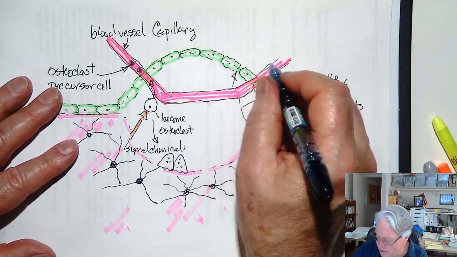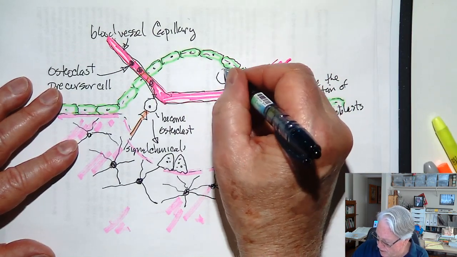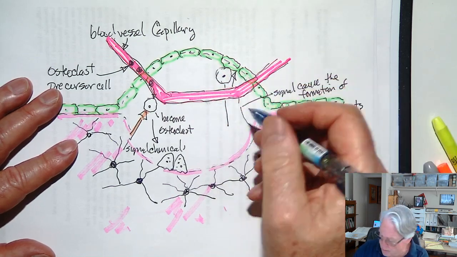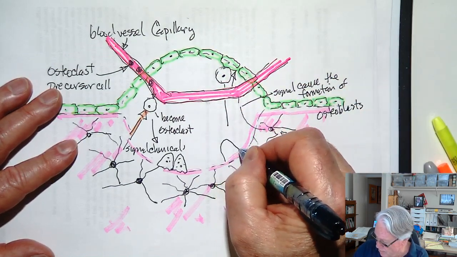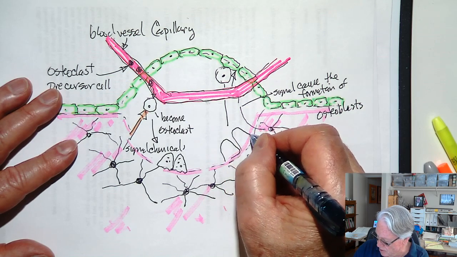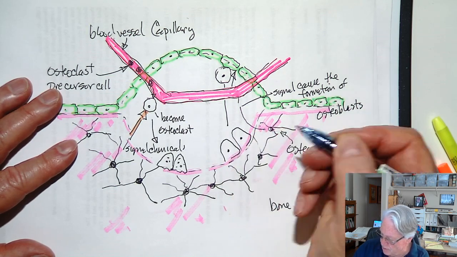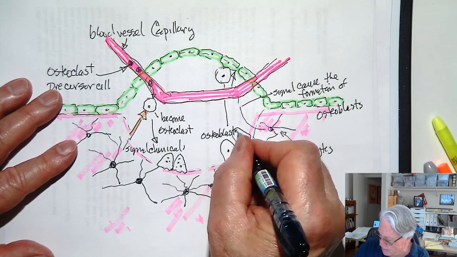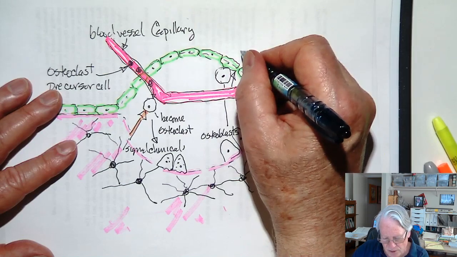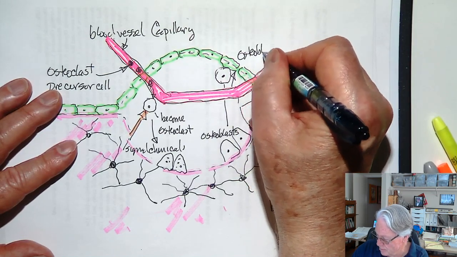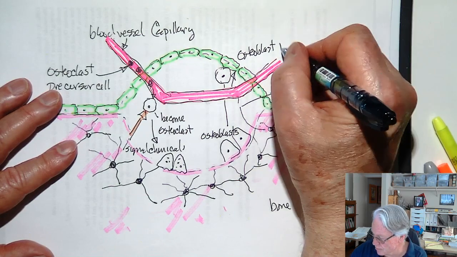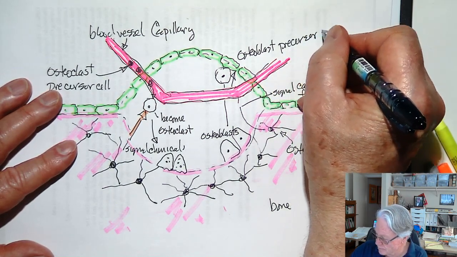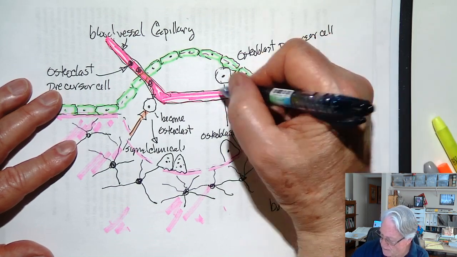Okay. And so we get cell division, we get the formation of the cell, and it becomes cells that are going to be adding new bone. Okay. And this is the osteoblast precursor cell. And that's how it works.